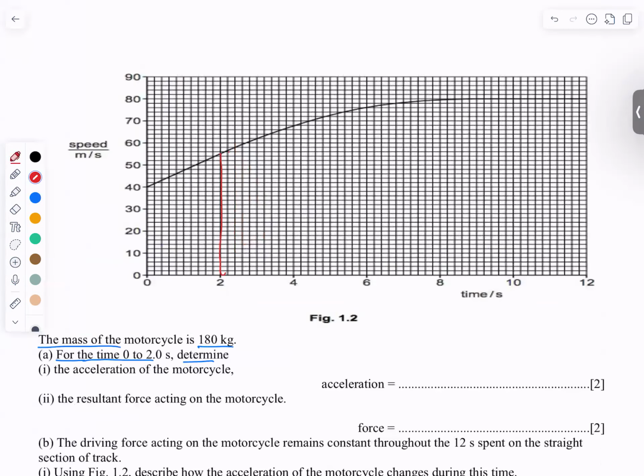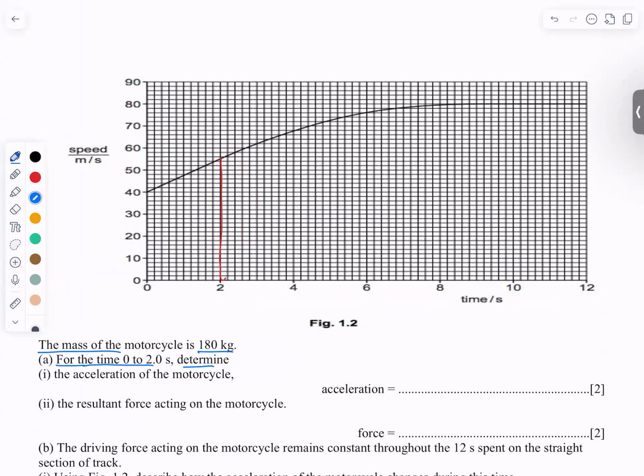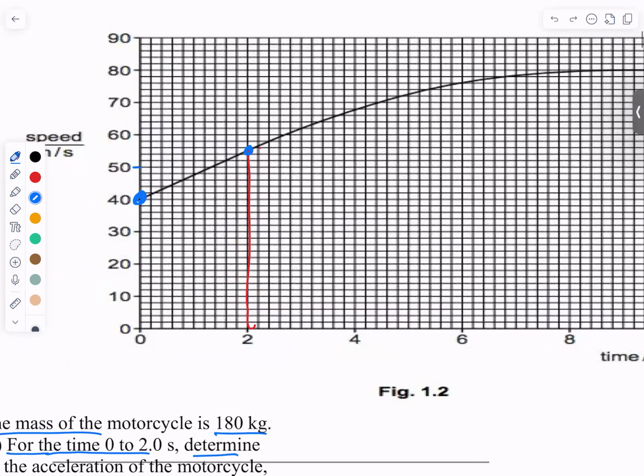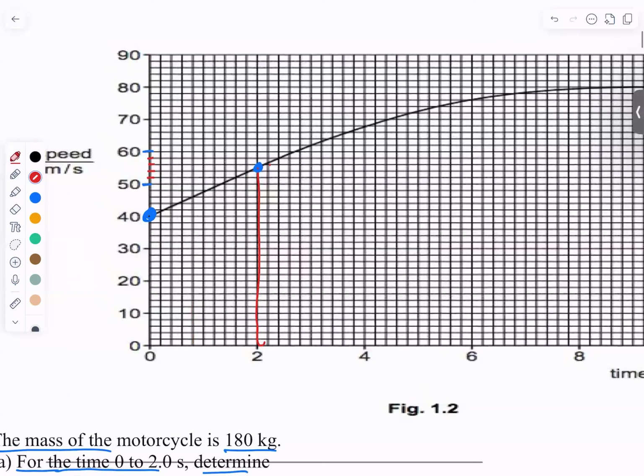Now, if we take any 2 points between 0 to 2 second, one point could be the starting point. The other point we can take at 2 second. So at 2 second, the speed is basically between 50 and 60. How many divisions are there? As you see, 1, 2, 3, 4, you have 5 divisions. 5 divisions represent 10 because 50 to 60 is 10.